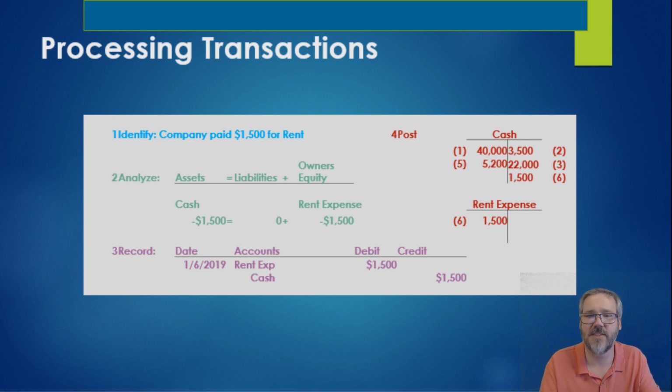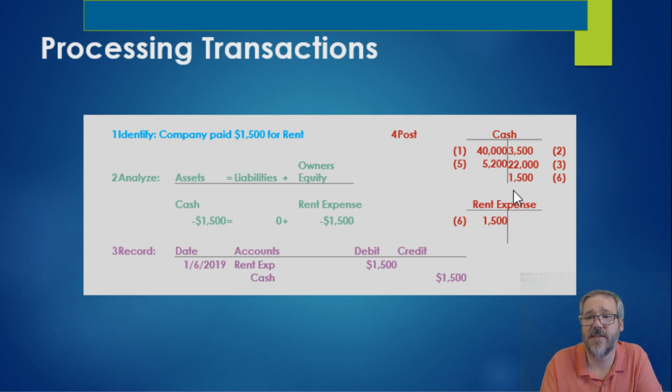So when I look at my transaction down here, when I've recorded the transaction, I'm debiting rent expense to increase rent expense, but decrease owner's equity as a whole. Cash, of course, is being decreased by $1,500.